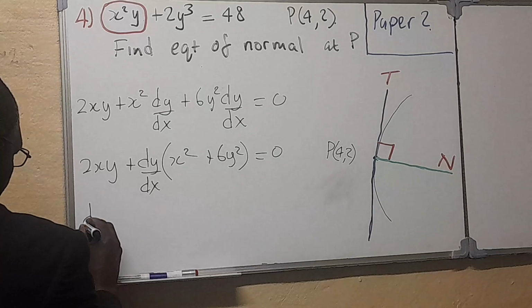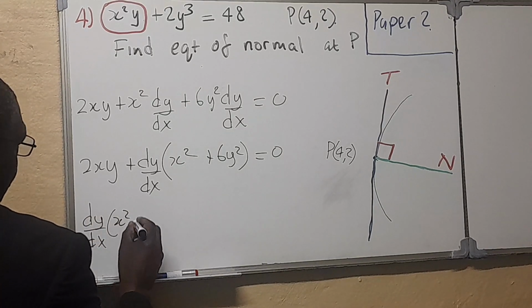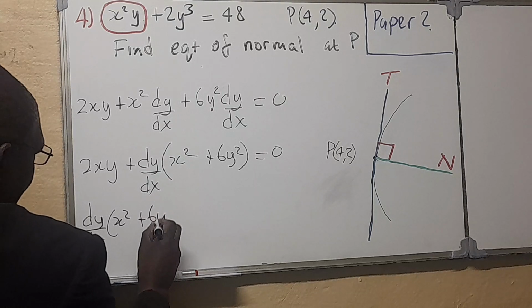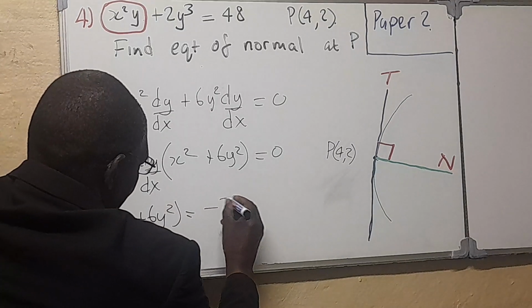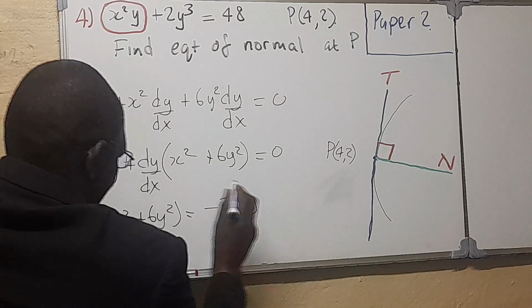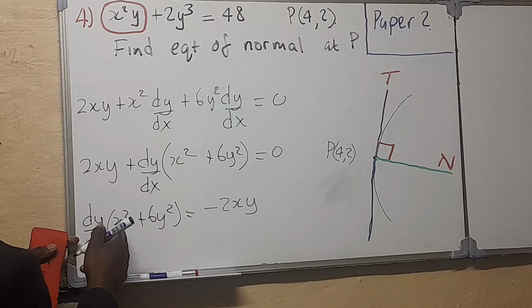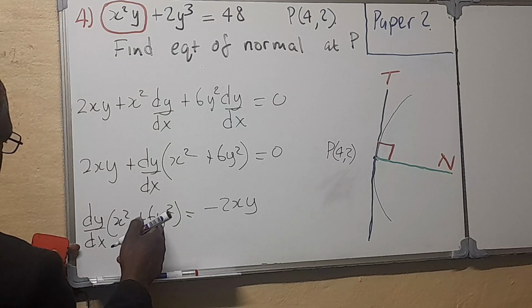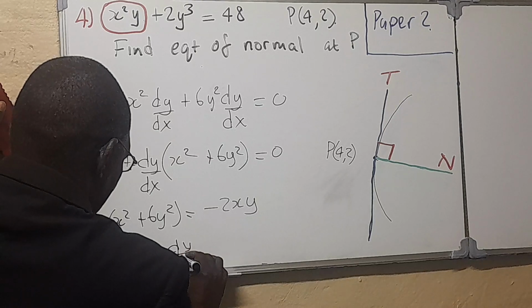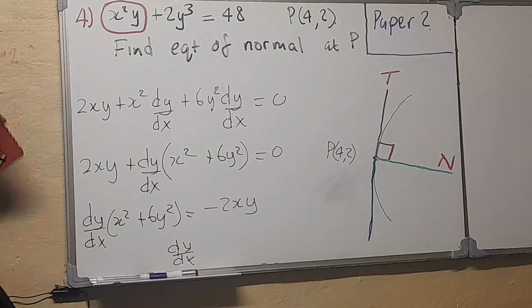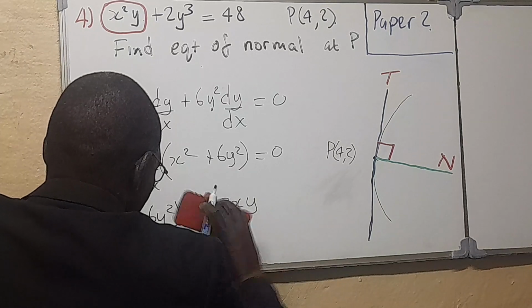Then we have dy/dx times the bracket x squared plus 6y squared is equal to, this becomes a minus, so we have minus 2xy. Okay, so now let's divide every side by x squared plus 6y squared. That then gives us dy/dx. Let me raise it a little bit, you might not be able to see it.